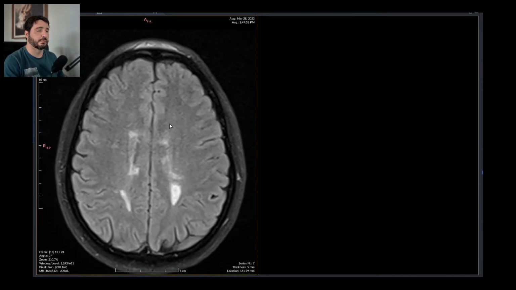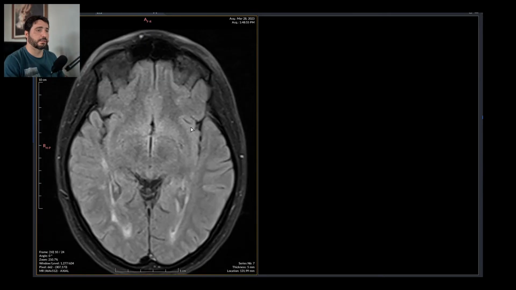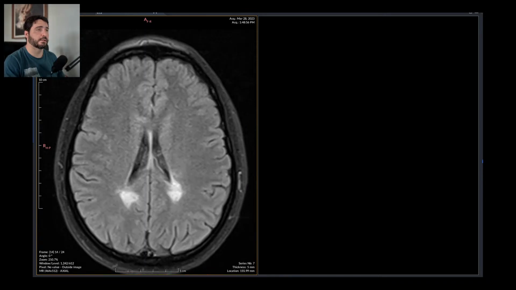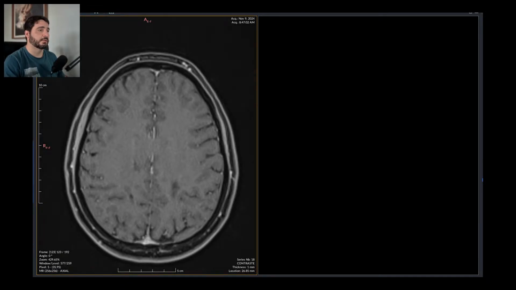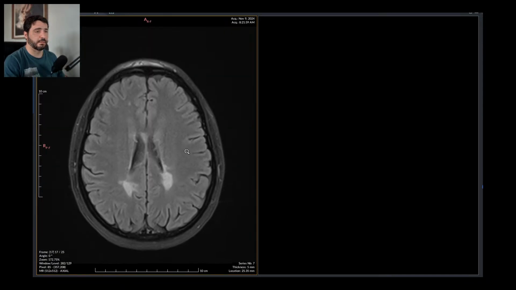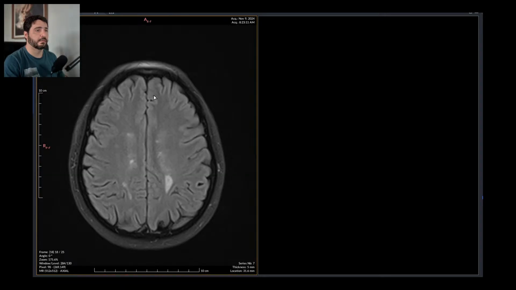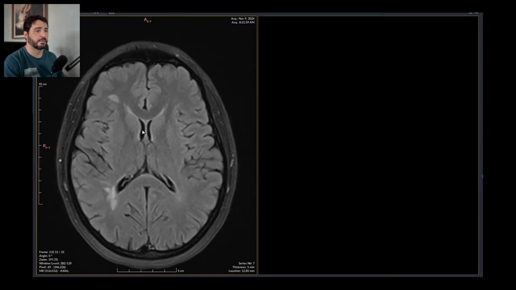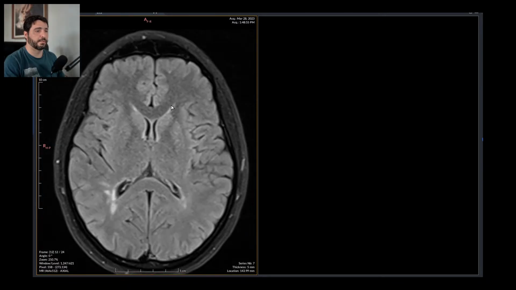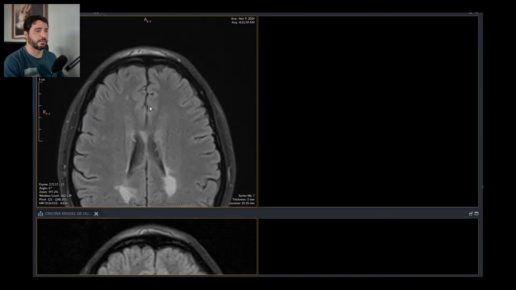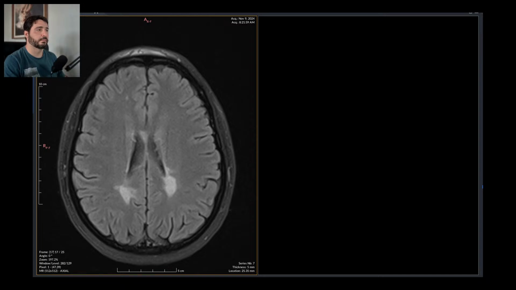I'm just going to check here. Just go for a regular FLAIR to see if there are any major changes. Right there. It's quite similar. Right there. Let's see. Yep. Really similar there.